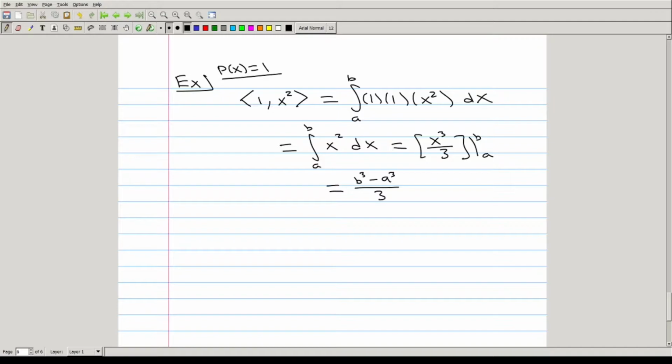And this is non-zero for positive or even negative values of a and b.